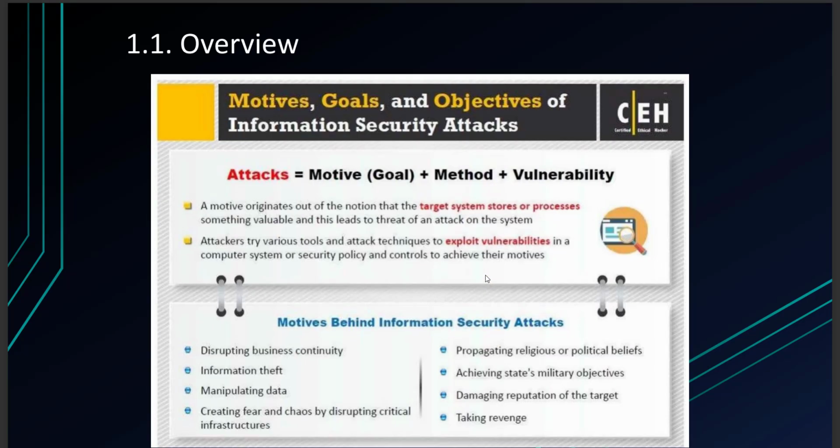Well, okay, so the motives of the hackers. Whenever there is a hack, there is an attack, there is a motive, there is a goal behind this attack, there is a method used, and there is the vulnerability. So let's say I want to hack this person. There should be a motive. Maybe he did something bad to me, so I want to hack, for example, the simplest thing, his social media accounts.